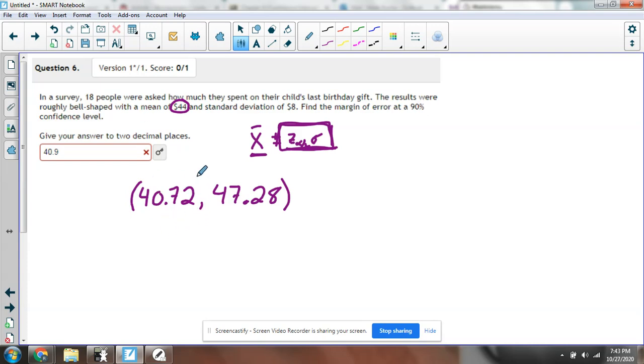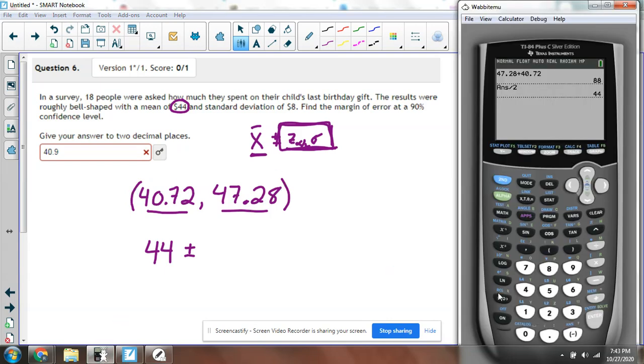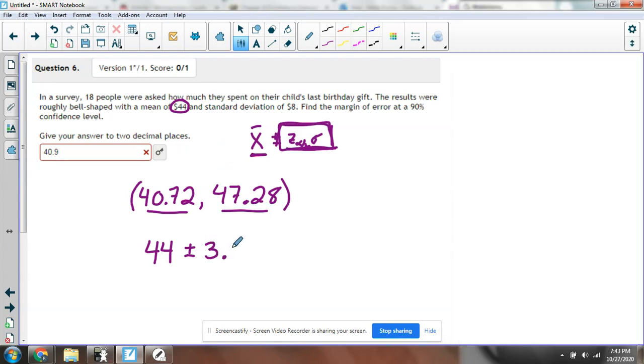So then I'm taking 44, which is my point estimate, and I'm adding and subtracting something to it to get this number and this number. And that's my margin of error. Okay? So I'm just going to figure out, well, what number am I adding to get 47.28 or subtracting to get 40.72? We'll just take either one of them. I'll take 47.28 and subtract 44. So this is going to be 3.28. That's my margin of error.